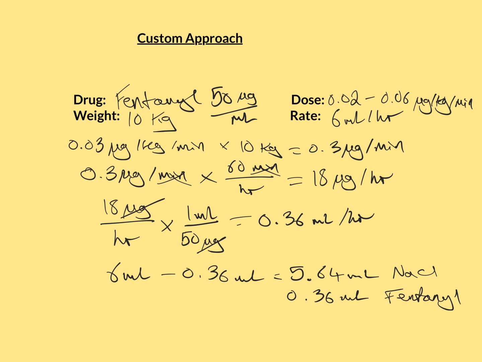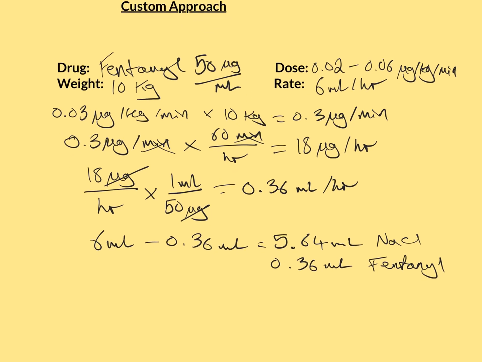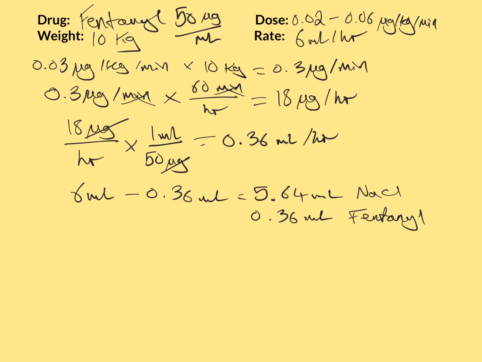If you want to add in other medications, so let's say you're adding in something like ketamine or lidocaine to the mix, then really you're just going to be subtracting that volume from this here. So you've got your mix here, and you've got your amount of saline that you're throwing in there. So you go through all this calculation again with the ketamine or the lidocaine, and you would just subtract the volume from there.